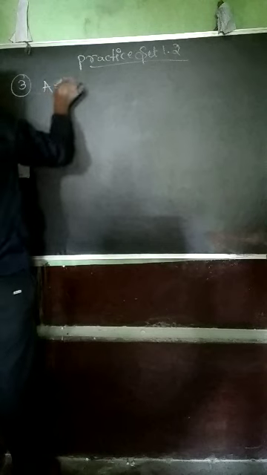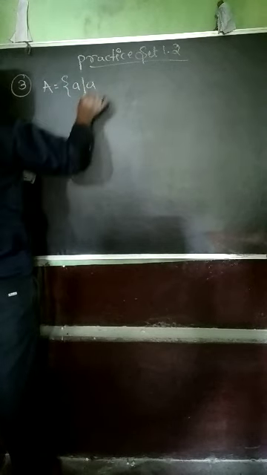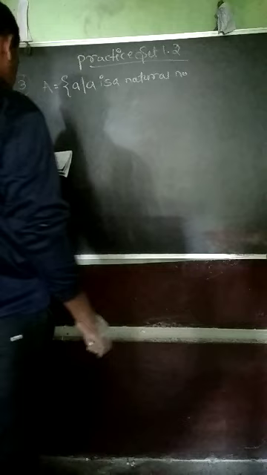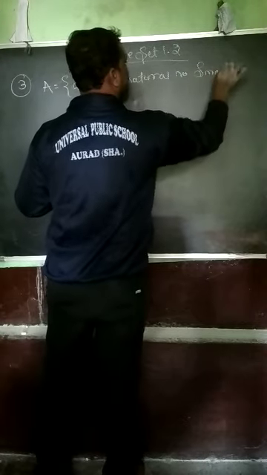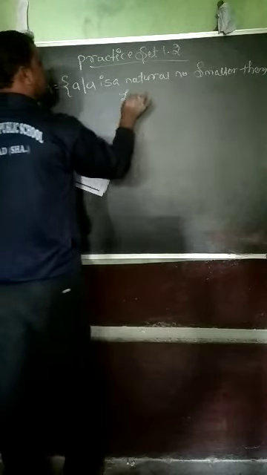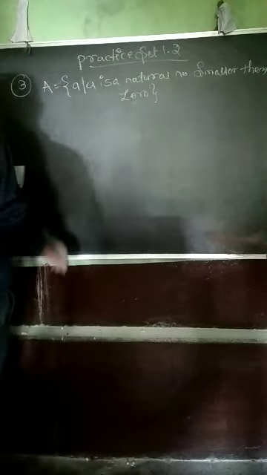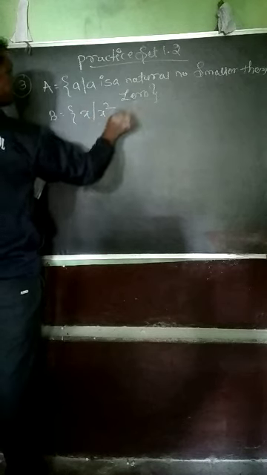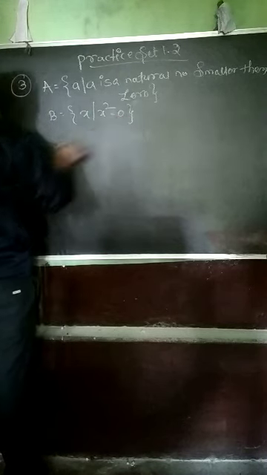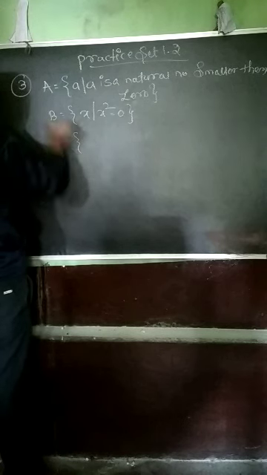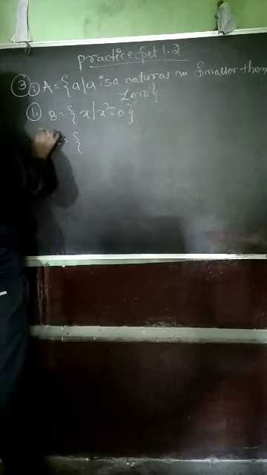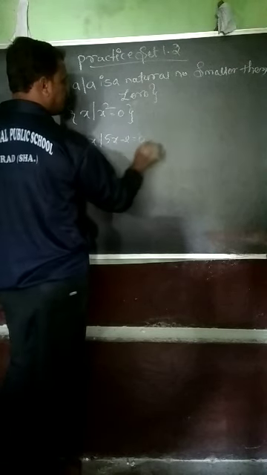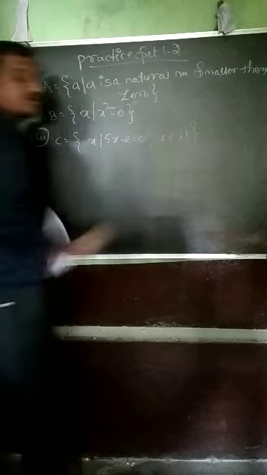The given A is such that x is a natural number smaller than 0, and the given B is equal to x such that x square is equal to 0, and the given third C is equal to x such that 5x minus 2 is equal to 0, and the given condition x belongs to natural number must be there, right?